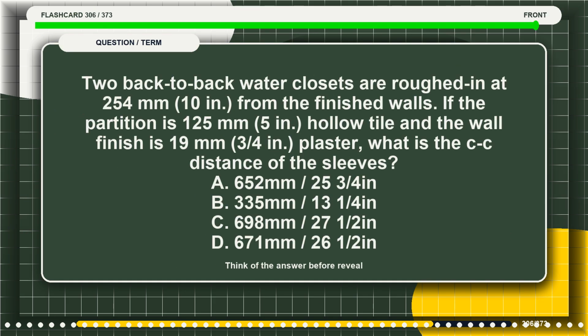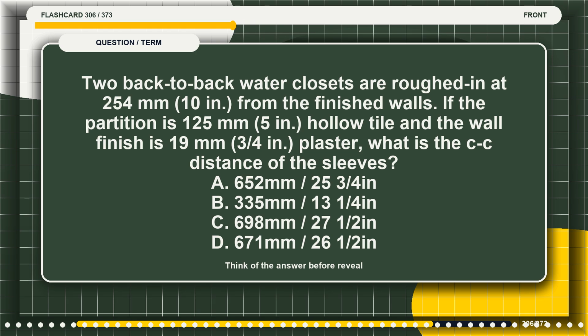Flashcard 306. Two back-to-back water closets are roughed in at 254 mm (10 in) from the finished walls. If the partition is 125 mm (5 in) hollow tile and the wall finish is 9 mm (3/4 in) plaster, what is the cc distance of the sleeves? A. 652 mm (25 3/4 in).